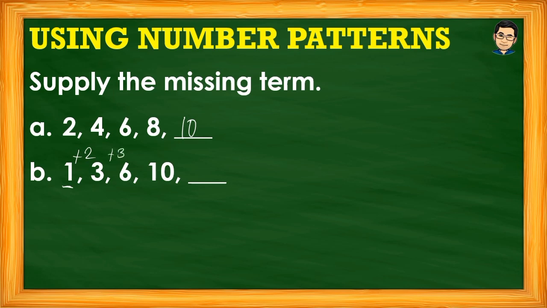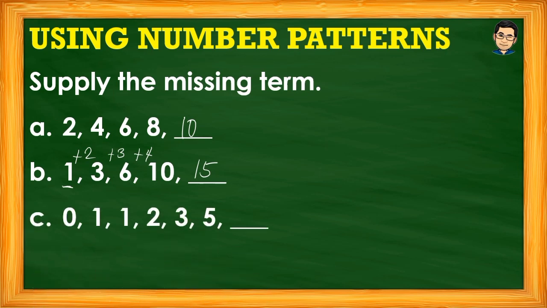And then, paano natin makukuha yung 10? Mag-a-add tayo ng 4. Para makuha yung susunod na numero, as you can see, sunod-sunod po yung ating mga ina-add na number: 2, 3, 4. Ang kasunod po ng 4 ay 5. It means, mag-a-add lang po tayo ng 5 sa 10 para makuha yung susunod na term. So, that is 15.